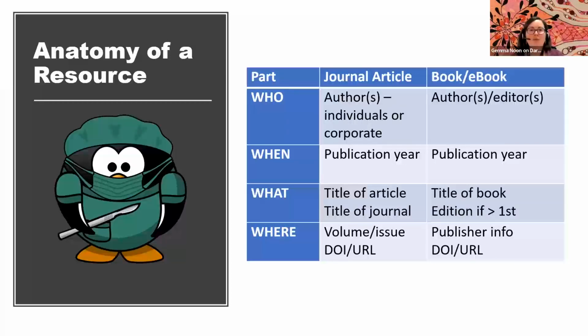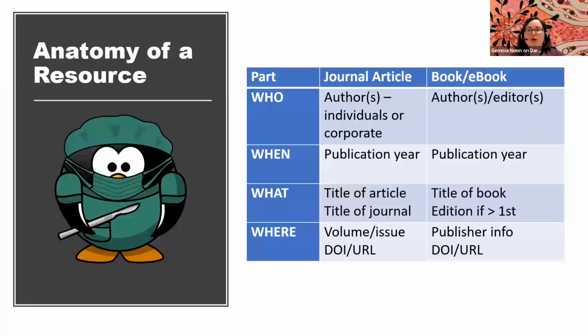And then finally, the where part. This is how you can actually access it again. So for a journal, things like the volume and issue, and if it's an electronic journal, you're going to have a DOI. So that's a digital object identifier. So that's a permanent link, which always will link back to that source, or a URL.